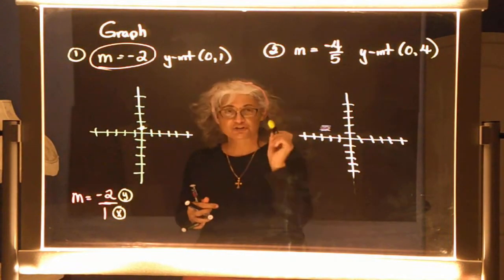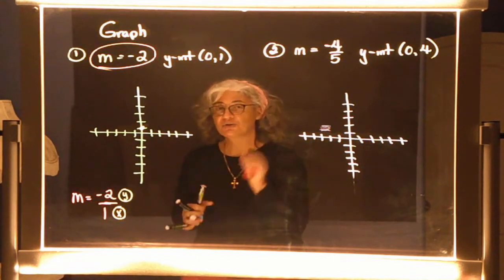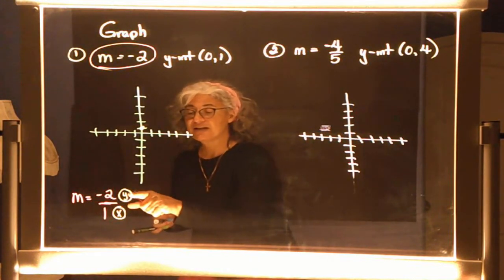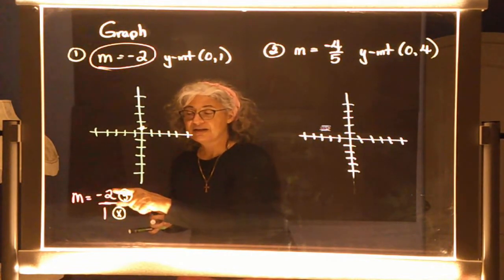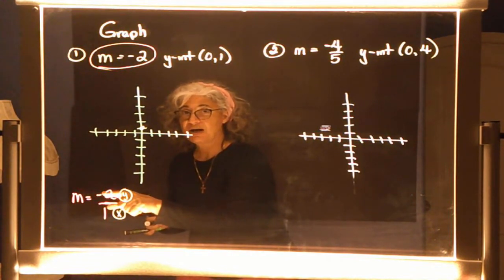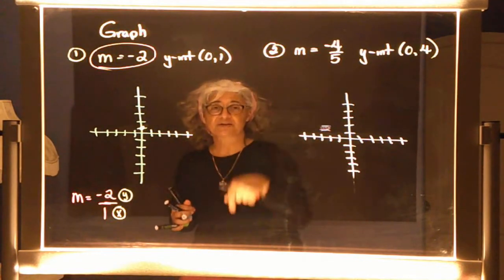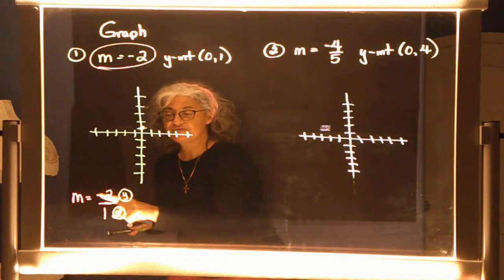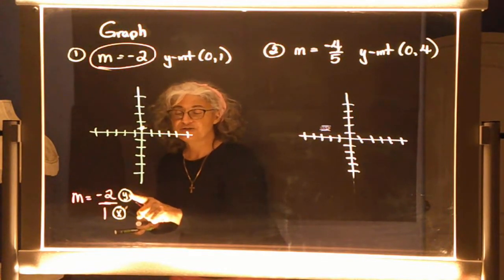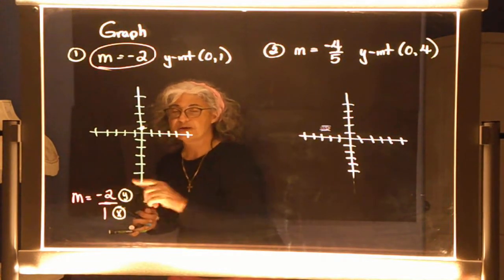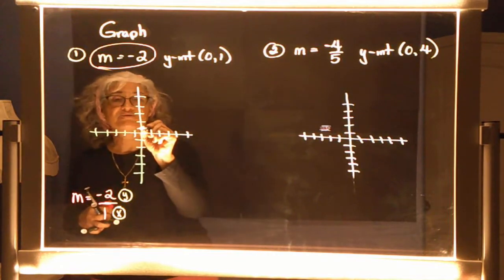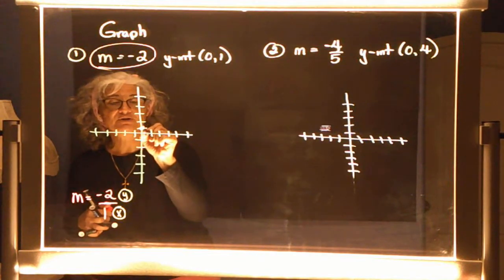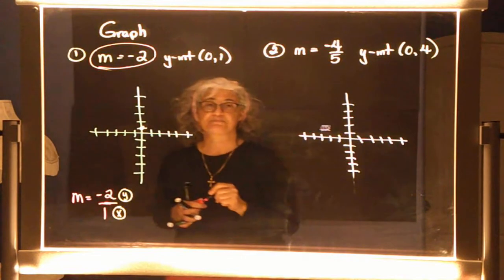Okay, so according to these directions, in the y direction, the negative on the y's, is that going up or is that going down? That's going down. So according to the numerator, in the y direction, I'm going to go down 2 spaces. So from the point I already know, I'm going to go down 2 spaces.